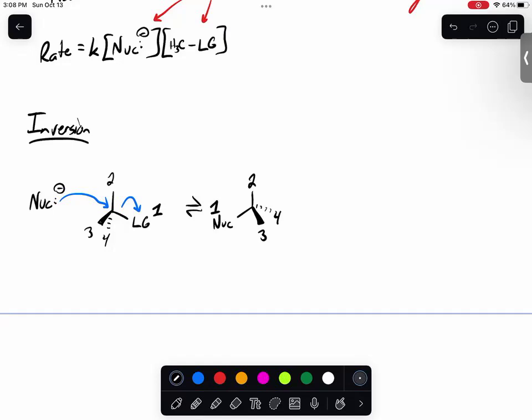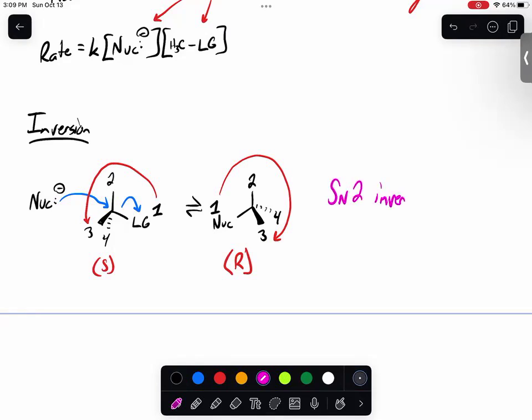Well, notice if we were to find absolute configuration by our one, twos, and threes, drawing an arrow from one to two to three, that's counterclockwise and four is on the dash, we would say this is S. Whereas over here, one to two to three, that is clockwise, this is R. What this is showing us is that the SN2 reaction inverts the stereochemistry. Okay?